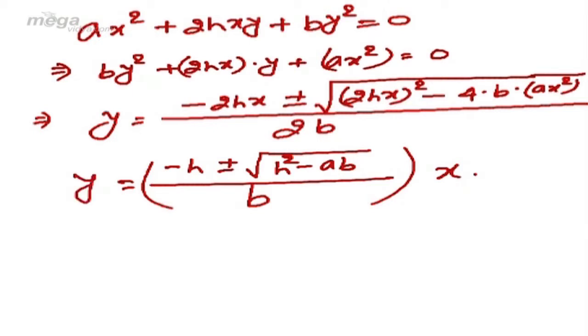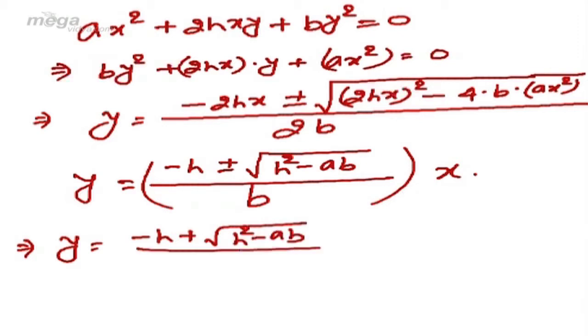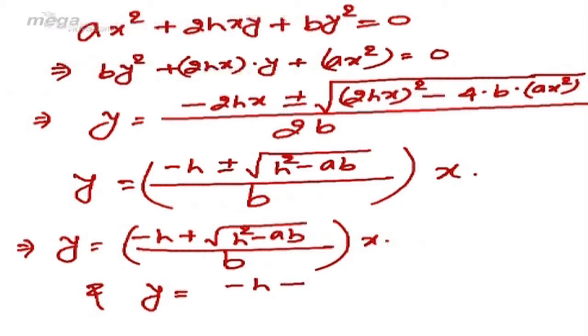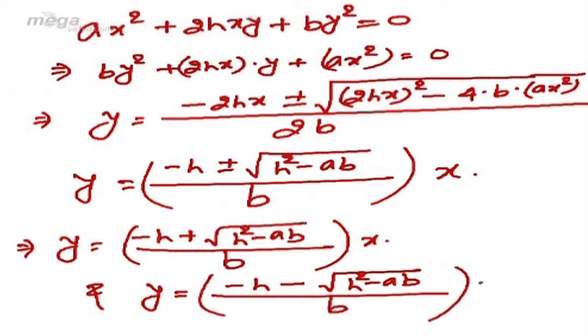Now you can see one time we can consider minus h plus root under h square minus ab upon b into x, and one time if we consider the minus sign, it becomes minus h minus root under h square minus ab divided by b into x.